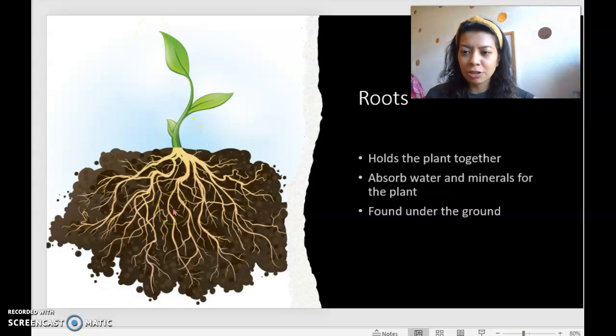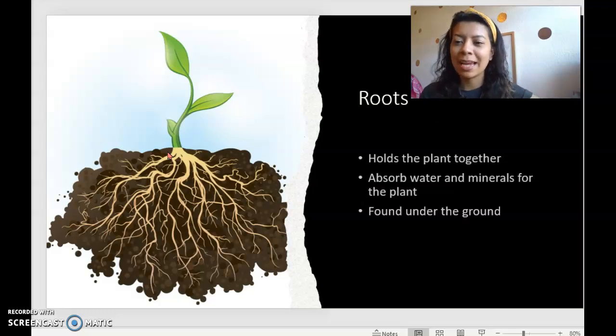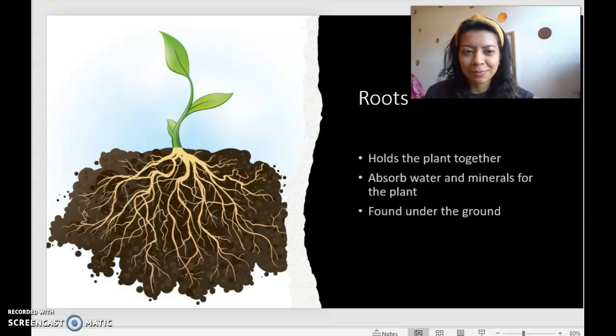But if I were to take this flower out of the soil, the flower would eventually die because the roots are no longer able to find water and minerals in order for the plant to keep surviving. So it's very important, if you have flowers at home, to water them every day and to get plenty of sunlight so that they're able to grow nice and tall.